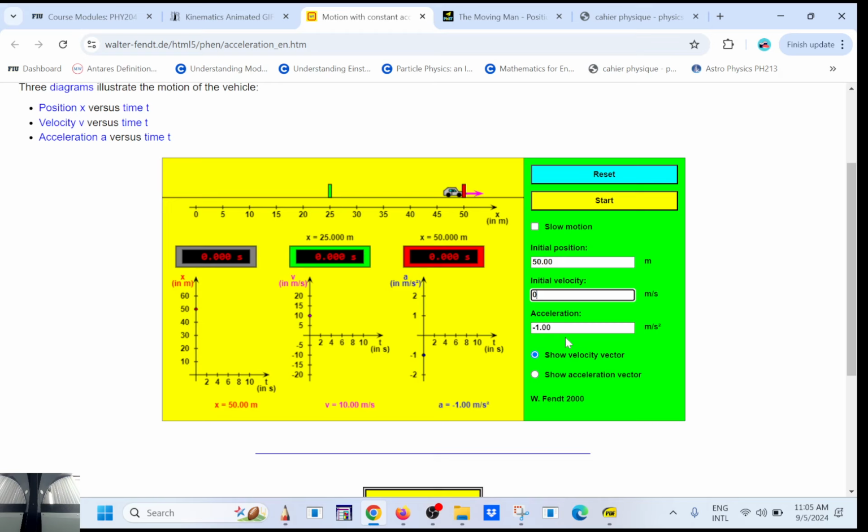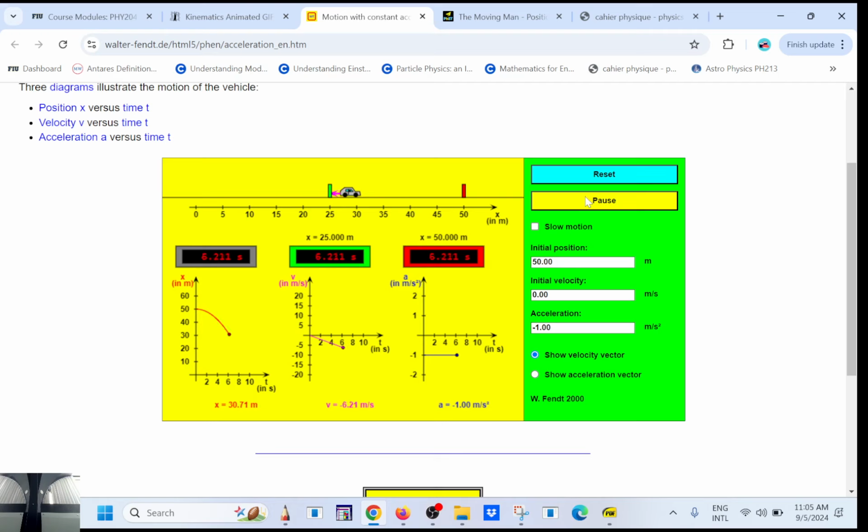The acceleration is negative, so there will be a force to the left. Very good. So something is pulling the car to the left. So what's going to happen to it? It's going to accelerate to the left. Very good. Because there is no initial velocity anyway. So it's just moving to the left and it's going to speed up to the left.